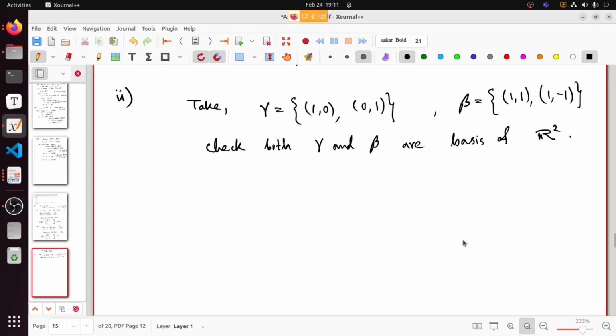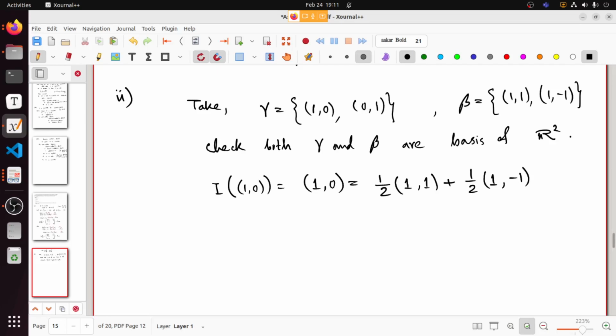Now let's compute the identity transform with respect to the bases gamma and beta. I of 1 0 will map to 1 0, right? Now you have to write this in terms of the basis 1 1 and 1 comma minus 1. You can write this as half of 1 1 plus half of 1 minus 1.